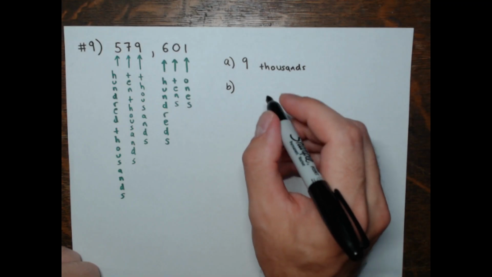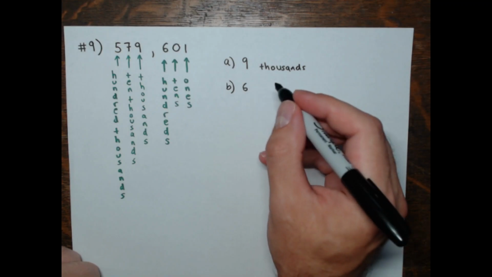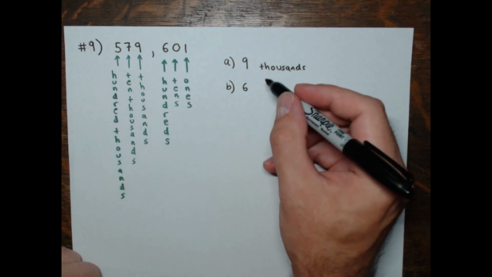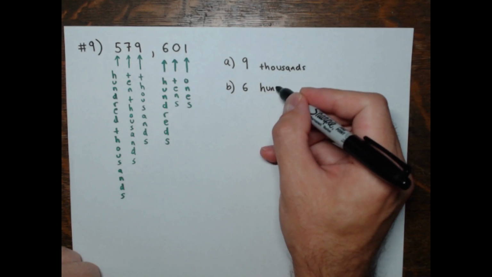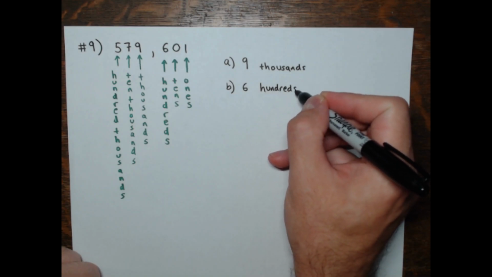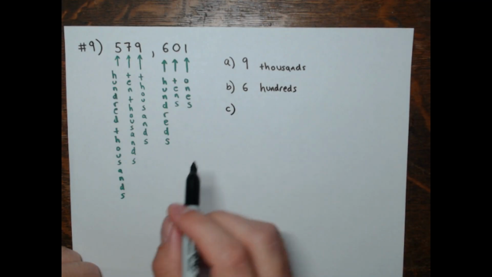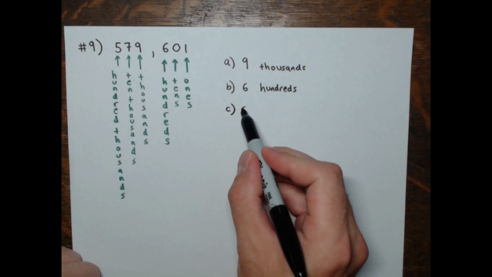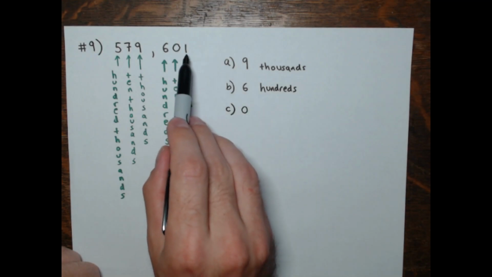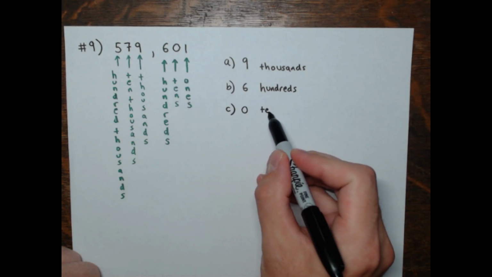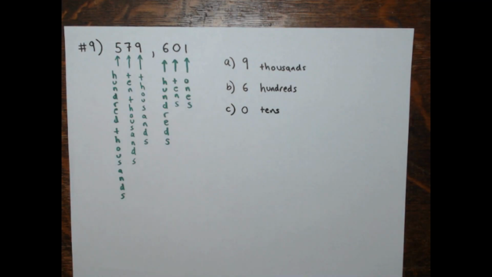Part B, the digit 6, so we've seen, is in the hundreds place. So there are 6 hundreds in this number. Part C, the digit 0, as we've written, is in the tens place. So there are no tens, 0 tens in this number.